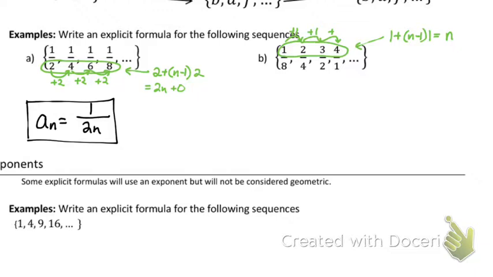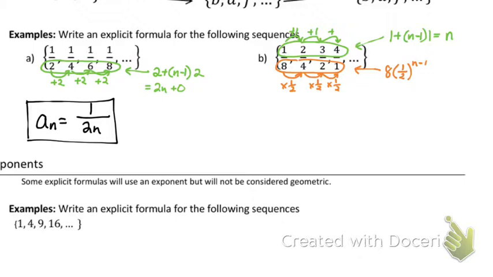Our bottom one, however, is not arithmetic. Our bottom one turns out to be geometric, where we are multiplying by 1/2, times 1/2, times 1/2. So just remember your geometric formula is your first term, which is 8, times your common ratio, which in this case is 1/2, raised to the n minus 1. And you don't need to simplify that.